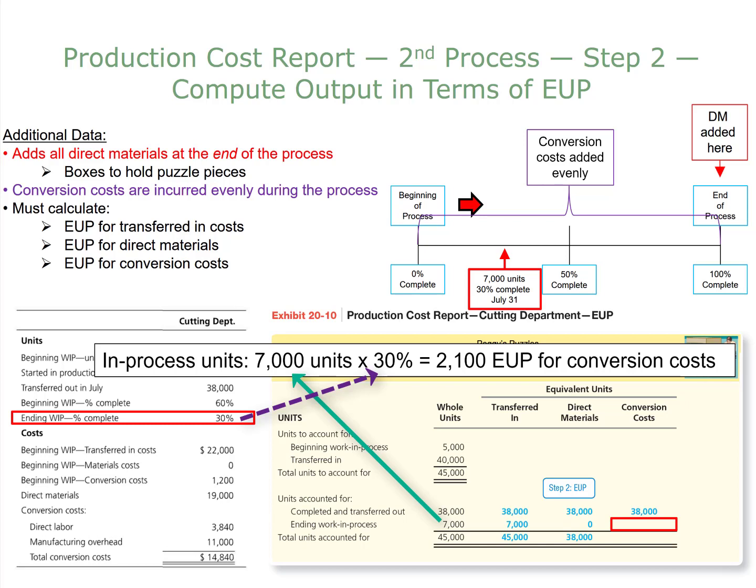Now we simply place the 2,100 EUP on the production cost report for conversion costs, then add 38,000 for the completed units to the 2,100 for the incomplete units to get 40,100 total EUP for conversion costs. Now we are done with the hard part of the production cost report. The rest is pretty much simple arithmetic.